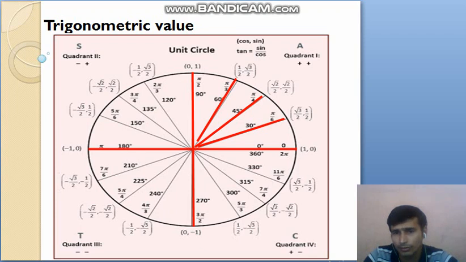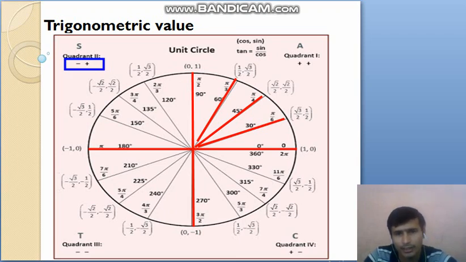X coordinate root 3 by 2, 1 by root 2 and 1 by 2, and y coordinate reverse: 1 by 2, 1 by root 2 and root 3 by 2. Similarly, you can write in all the quadrants, but you must remember in the second quadrant x coordinate is negative. So in this way, here we write minus root 3 by 2, minus 1 by root 2 and minus 1 by 2 as the x coordinate, right?